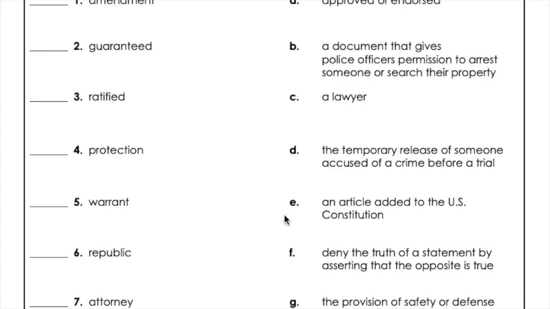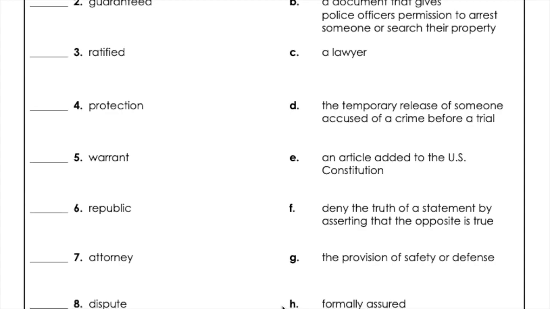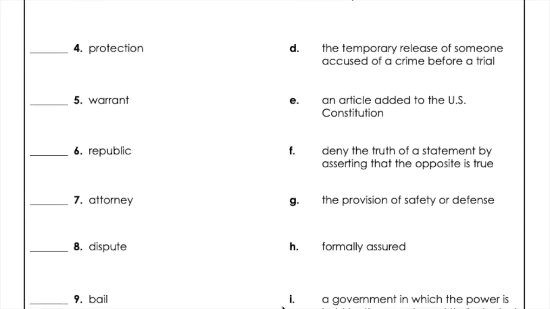F. Deny the truth of a statement by asserting that the opposite is true. G. The provision of safety or defense. H. Formally assured. I. A government in which the power is held by the people and their elected representatives. J. Argument or disagreement.